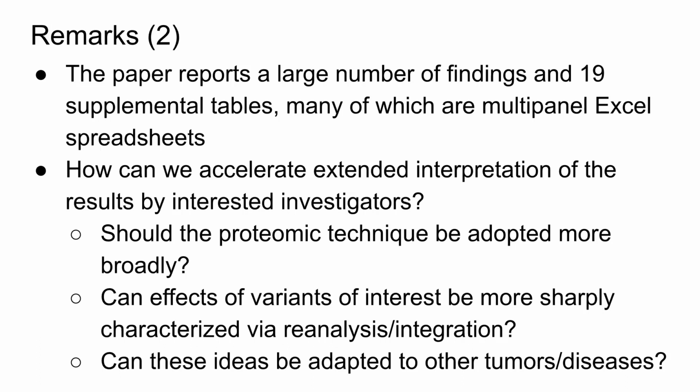And the reason that I'm getting involved in this is to pose to you, and to hear more questions from you, is this a good thing to do from a biological perspective? Can the effects of these variants be more sharply characterized if you're doing the analysis as opposed to the authors? And can these methods be adapted to other tumors and diseases?